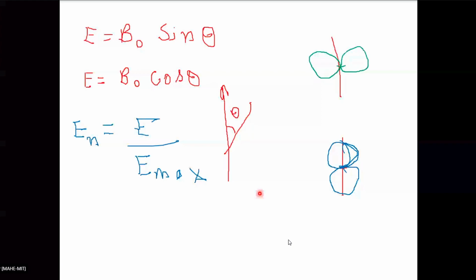Sometimes the pattern is dependent on only one angle, that is theta or phi. Sometimes the pattern is dependent on both angles, theta and phi.